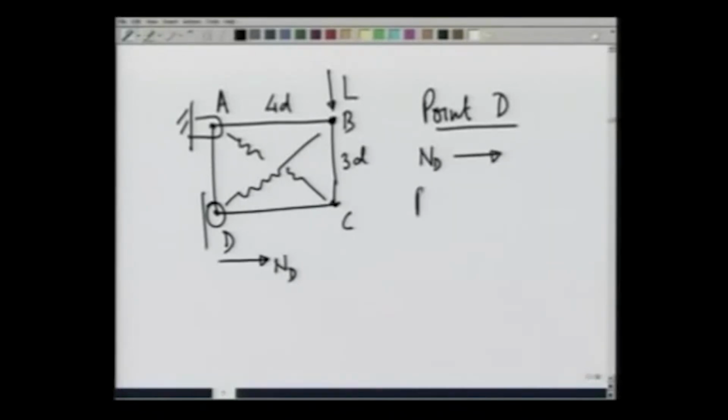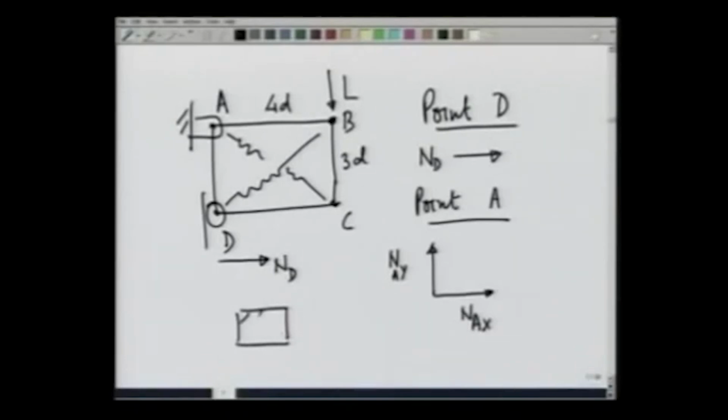On point A, there is going to be a reaction in the vertical direction. Let us call it NAY, and horizontal direction NAX. This is if I consider the entire system as a whole.